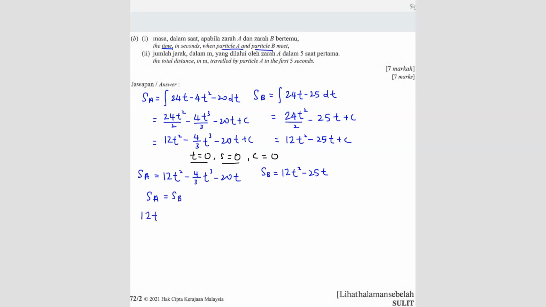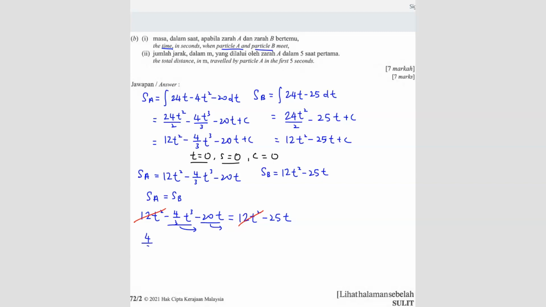So that means 12t square minus 4 over 3 t cubed minus 20t equals 12t square minus 25t. We can notice that they have two of this t square, so you can remove it. I'm going to bring the 4 over 3 t cubed to the other side, so I make it positive.